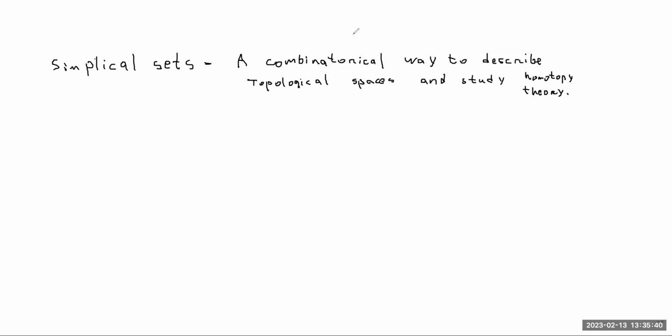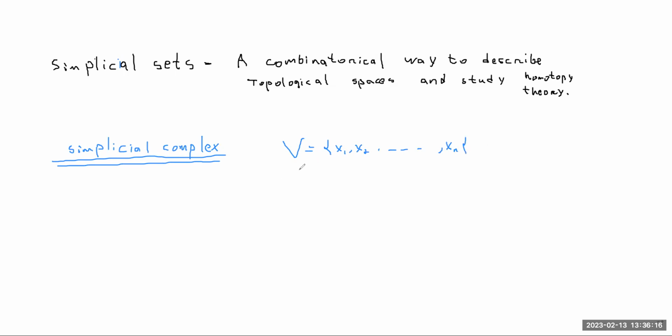Okay, let's start with something more useful and more well known, a simplicial complex. What is a simplicial complex? We have a set of vertices V, say x1, x2, up to xn. It can be infinite, but let's say it's a finite set of vertices.